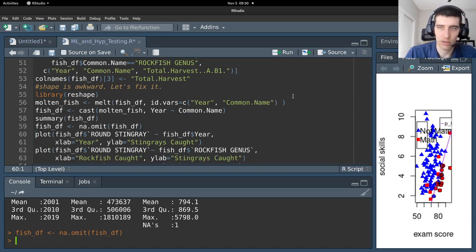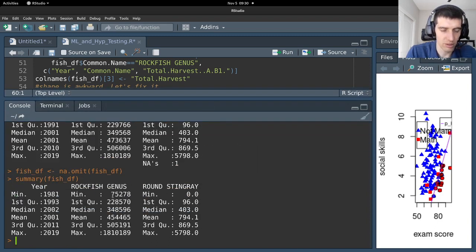And so let's look at this fish data frame. Summary of the fish data frame, which is after cleaning. What does it look like? So what it looks like is I have a year from 1981 to 2019. I have the number of rockfish caught that year.